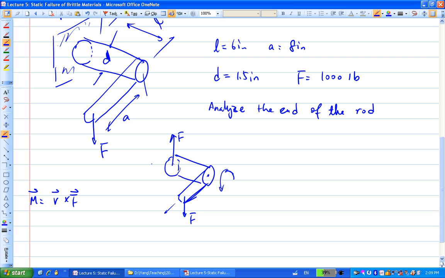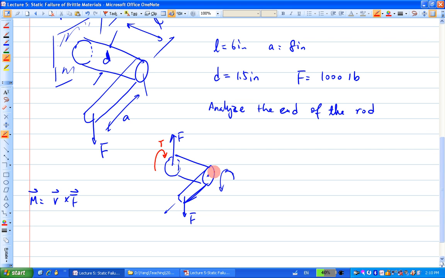So the reaction torque from the wall is drawn in this direction. Is that clear? So that's the first moment, or what we call the torque, generated by F, and the reaction from the wall keeps the system in equilibrium.